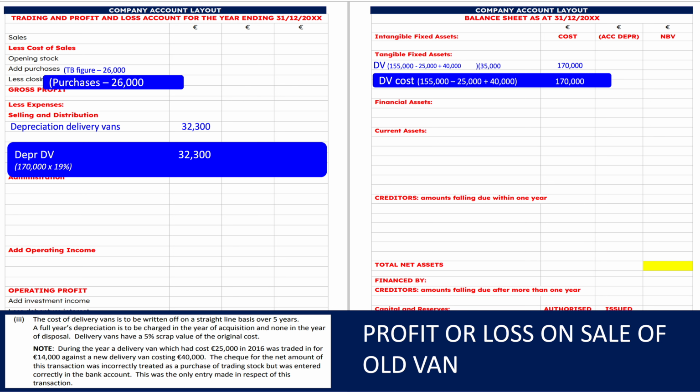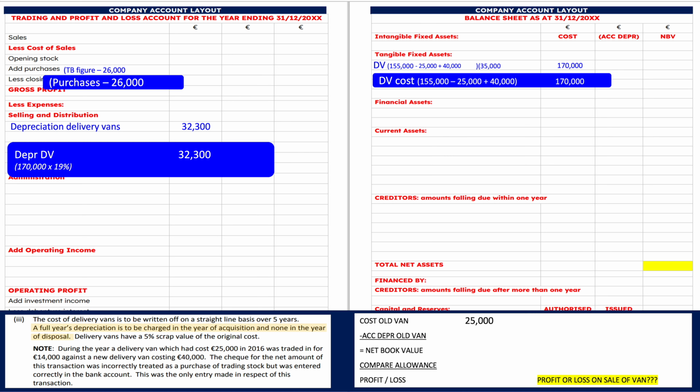Then we'll work out the profit or loss on the sale of the old van. The old van cost 25,000. Remember, a full year's depreciation is charged in the year of acquisition and none in the year of disposal. So when did we acquire it? It was bought during 2016, so a full year there. 2017, a full year there. But we're doing this for the year 2018, so there is no depreciation charge there.